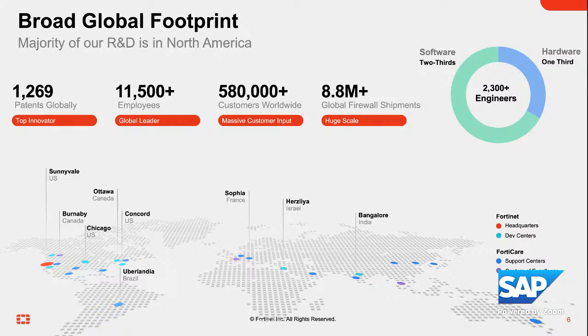We're actually outnumbering our competitors by the amount of patents big time. We have a bunch of development centers, of course, also in EMEA, but also in Asia, and various centers of excellence where we are looking forward to host you as a customer together with SAP.